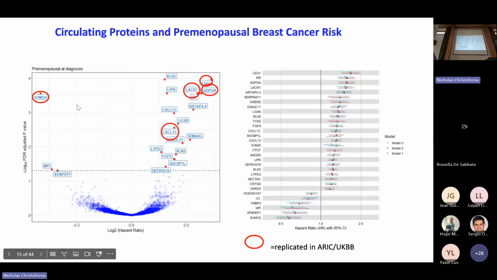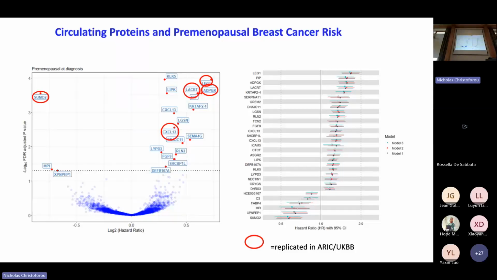Other proteins: LACRT, a protein initially identified in tear ducts but expressed within breast tissue. Again, we have no real understanding of what it might be doing in terms of its biological function.